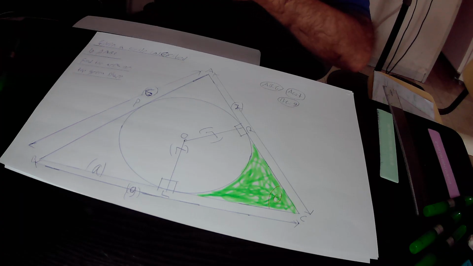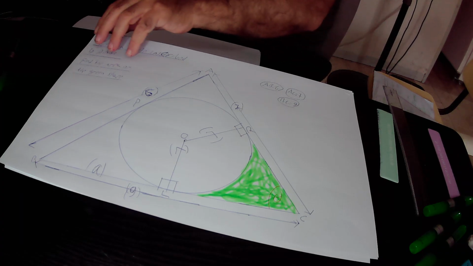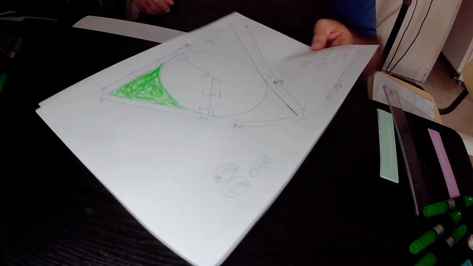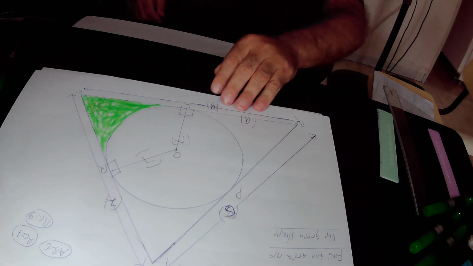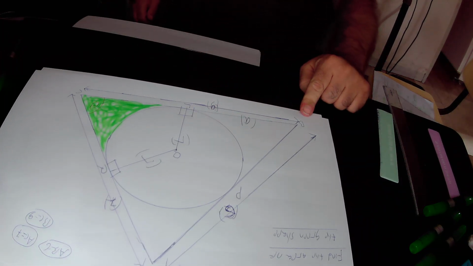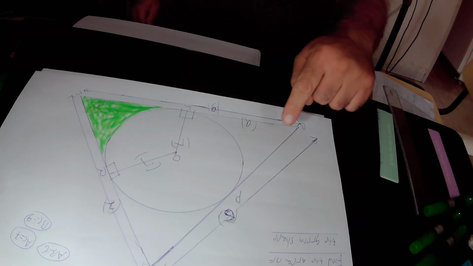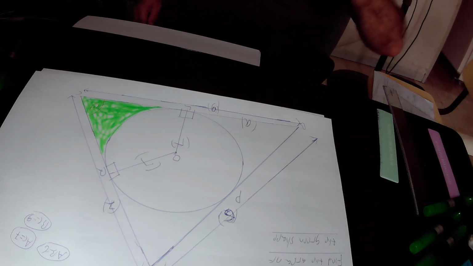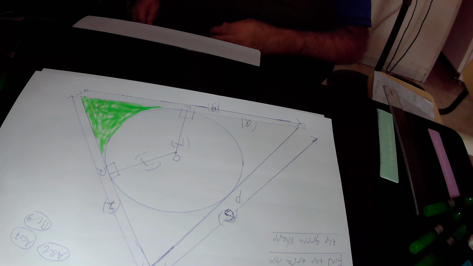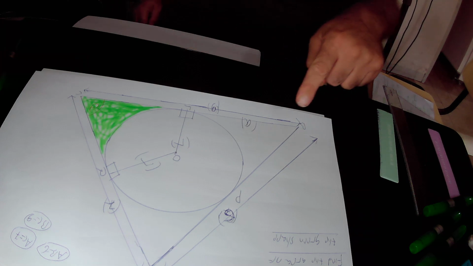Why? Because in our drawing, this is the common external point, point B. From the common external point B, we have two tangents to this circle, tangent BL and tangent BP. And according to rule 2, they are equal to each other. That is to say, BL equals BP.